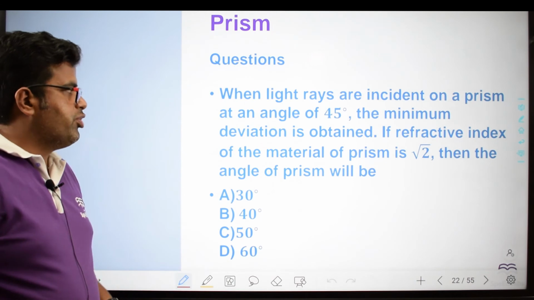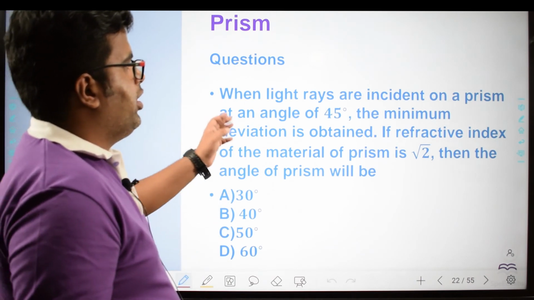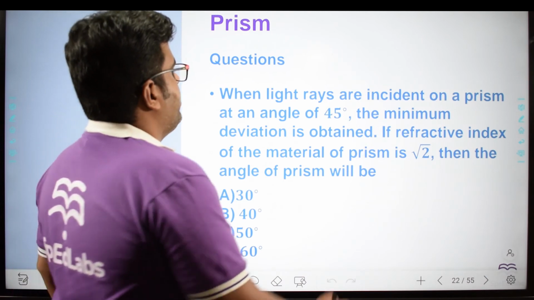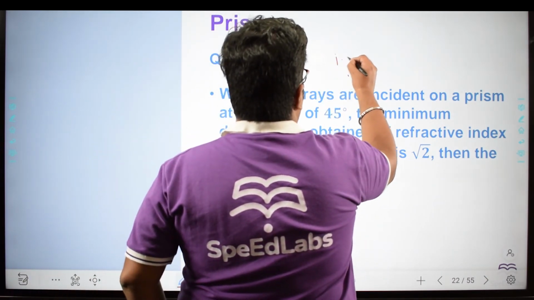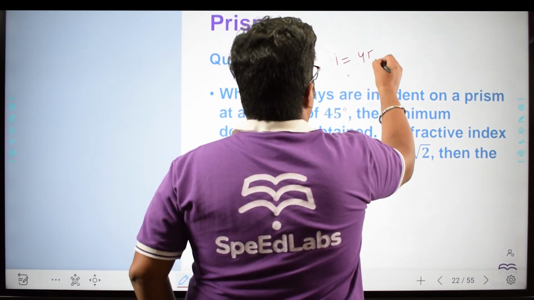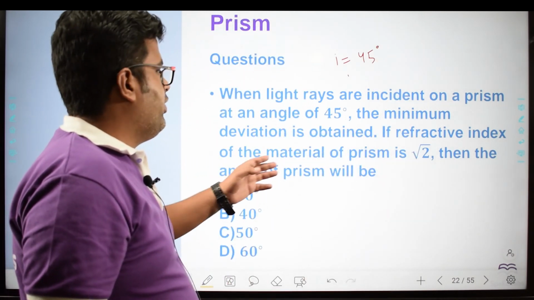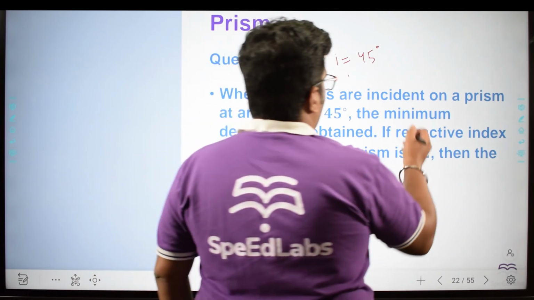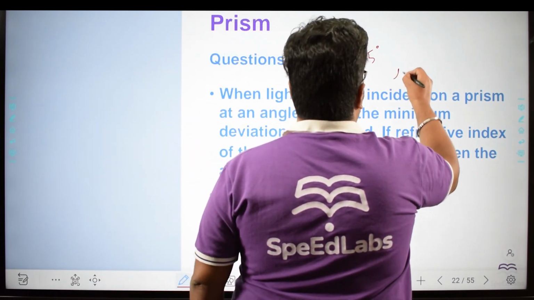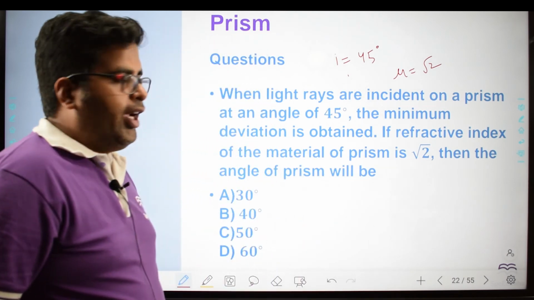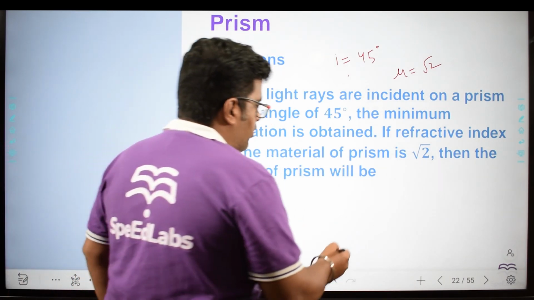Now we have a question based on this, where a light ray is incident on a prism at an angle of 45 degrees. So we are given I equals 45 degrees, and the minimum deviation is obtained when the refractive index of the material is √2. So we are given mu equals √2, and we have to find the angle of prism. So what is the formula for that?